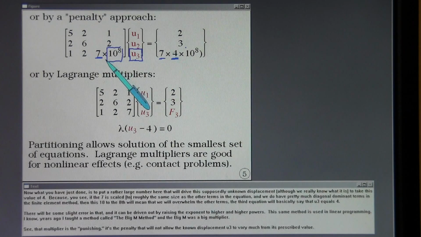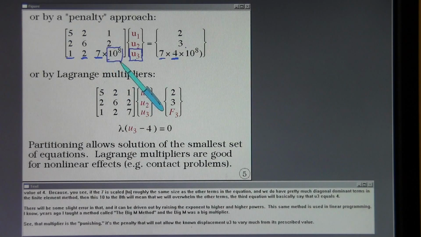Because you see, if the 7 is scaled of roughly the same size as the other terms in the equation, and we do have pretty much diagonal dominant terms in the finite element method, then this 10 to the 8th will mean that we will overwhelm the other terms. The third equation will basically say that U3 equals 4.